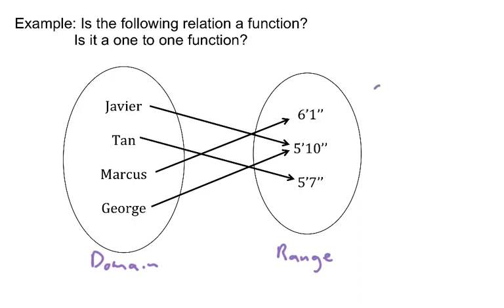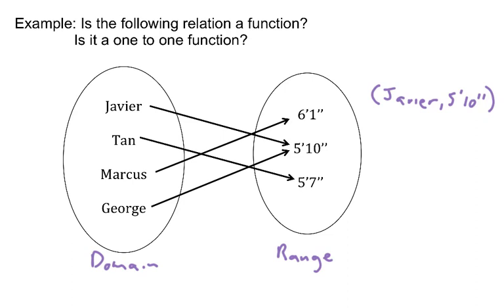So, for example, we would make a pairing between Javier, a person, perhaps this is a group of 4 friends, and my domain is the set of the 4 friends, and what that's paired to is their height. So Javier is 5 foot 10 inches tall, and that would be the ordered pair that's represented by that arrow.